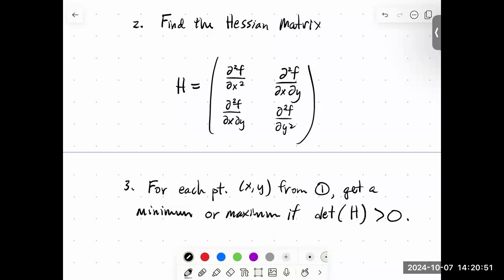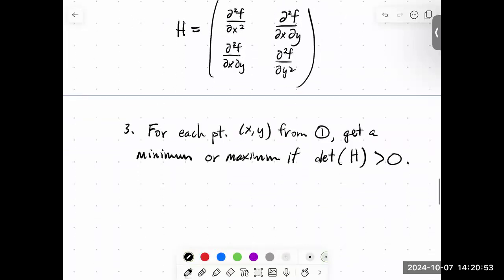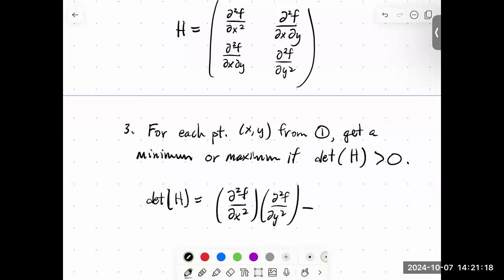Well, in this example for our 2D function, I can write down the determinant of H. It's going to be that first diagonal, so we're going to have d2f dx2 times d2f dy2 minus the product of the other diagonal.